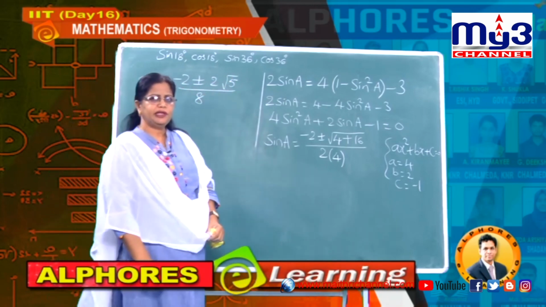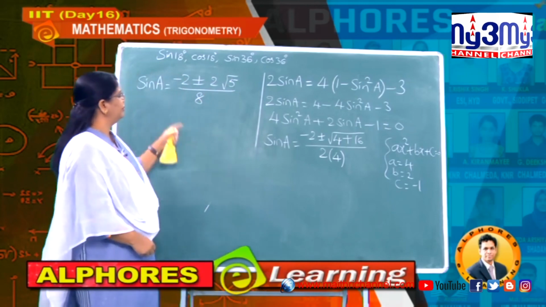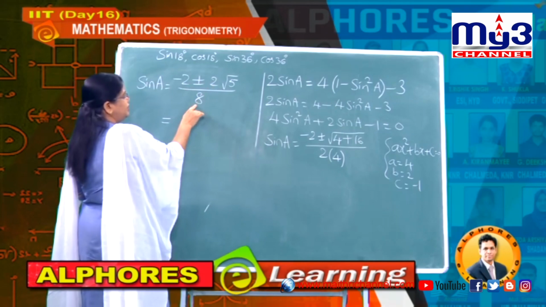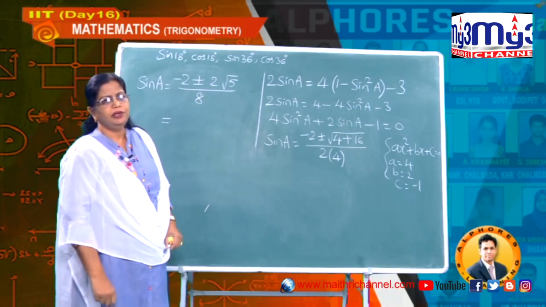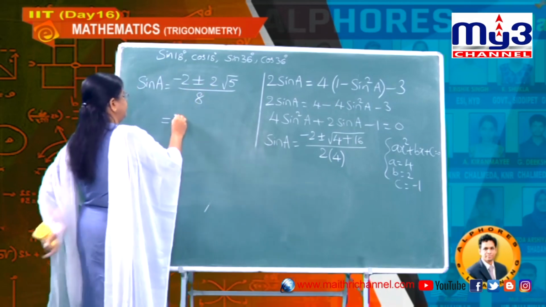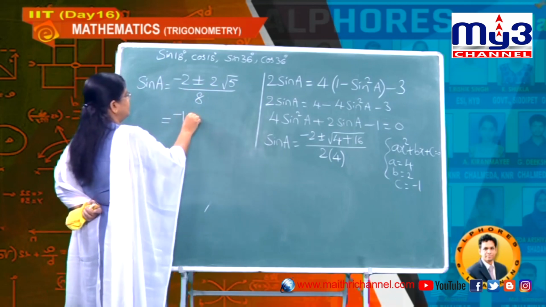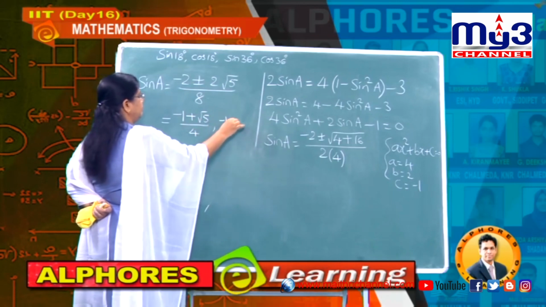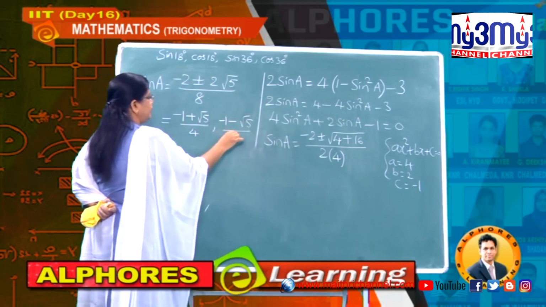Got it, students? Any doubt here? No? Now, there is a 2 in the numerator and the denominator is 8, so let us cancel 2. That gives minus 1 plus root 5 divided by 4, and minus 1 minus root 5 divided by 4.